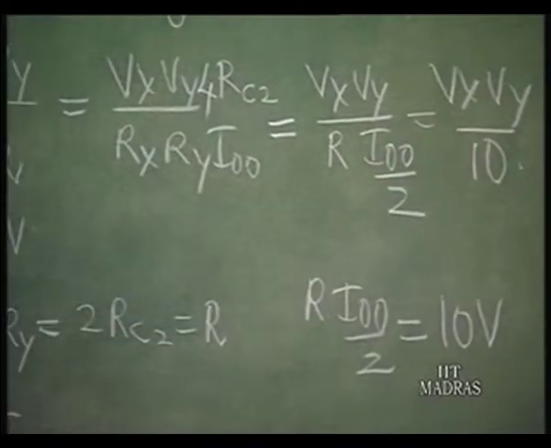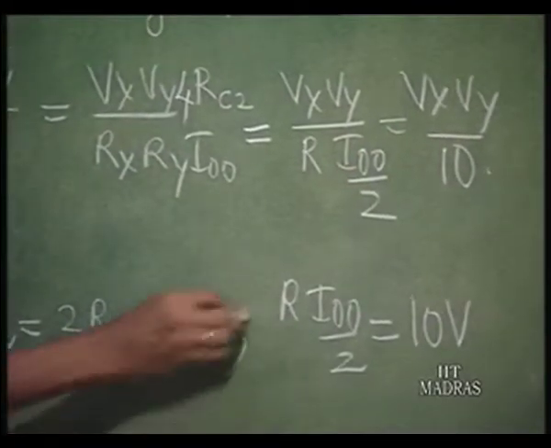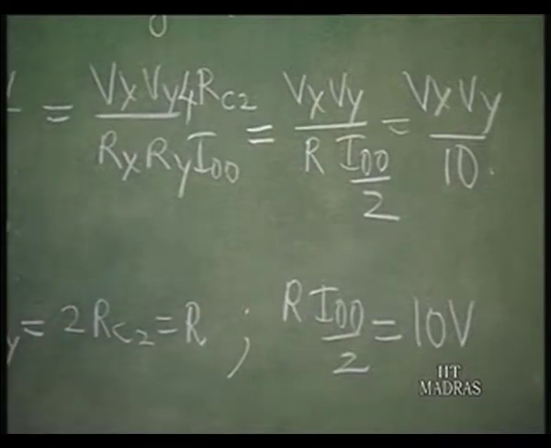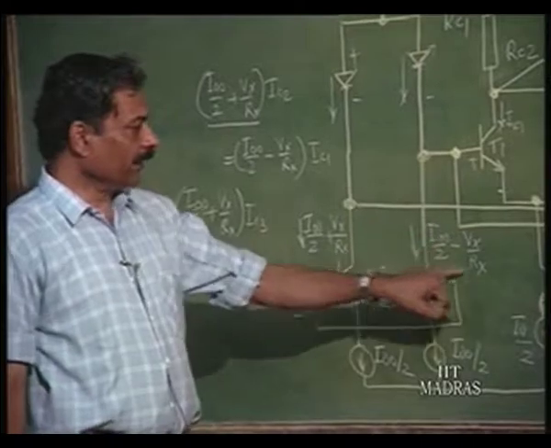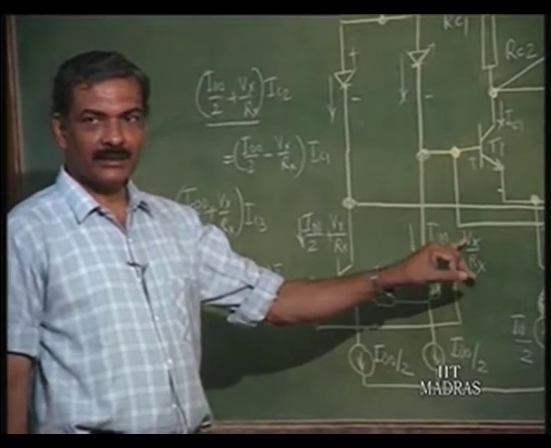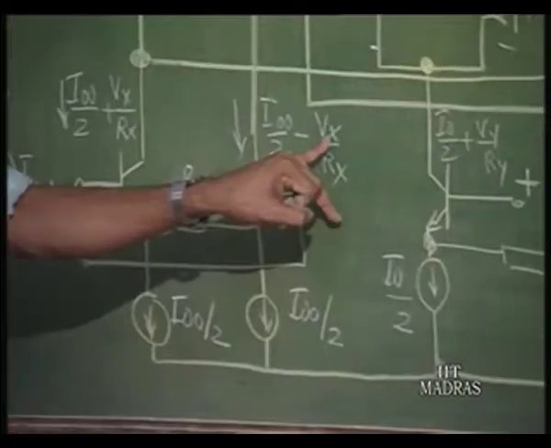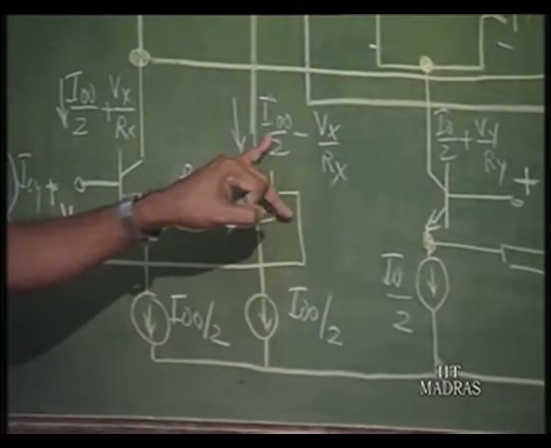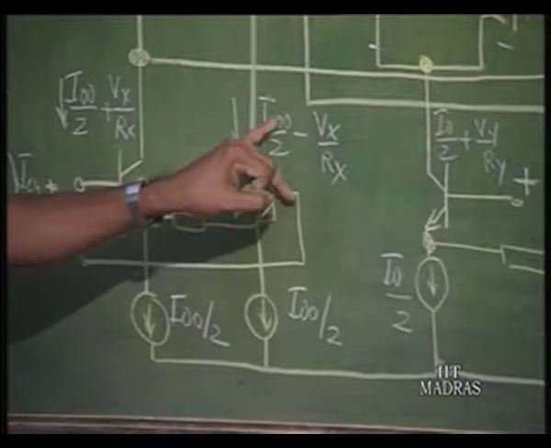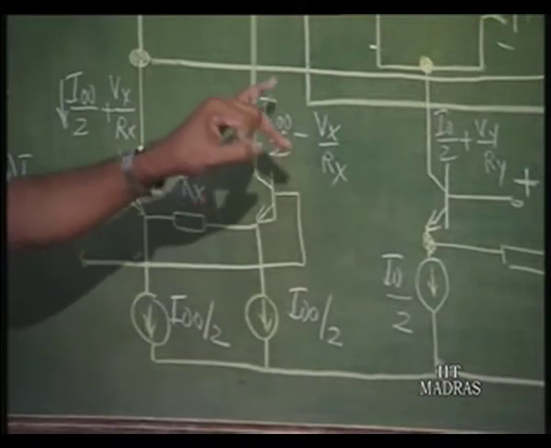Now, once we select this value, we can see here that this becomes equal to 0 under the worst condition when Vx max becomes equal to I naught naught by 2 into Rx, and we have already chosen I naught naught by 2 into Rx or R equal to 10 volts.